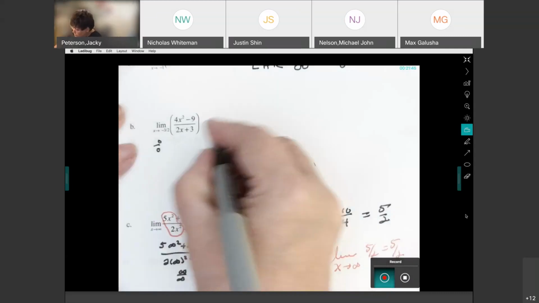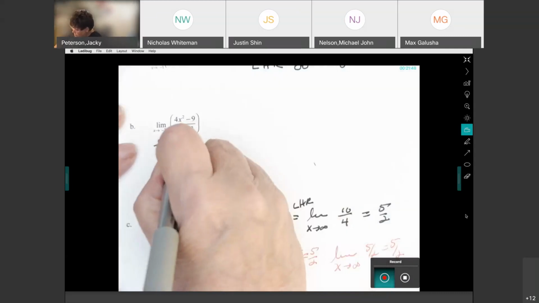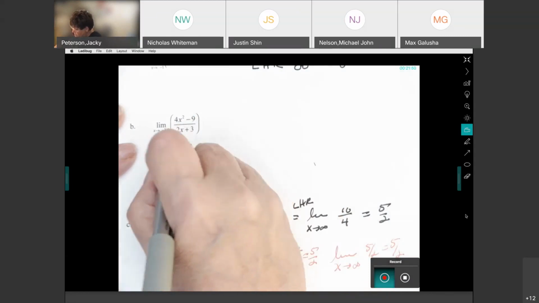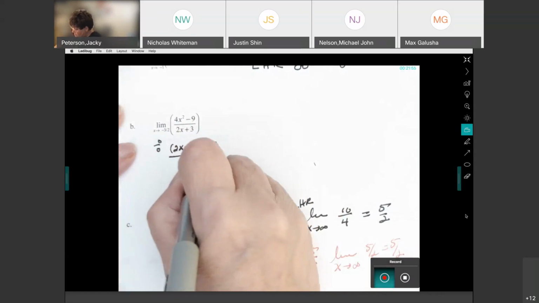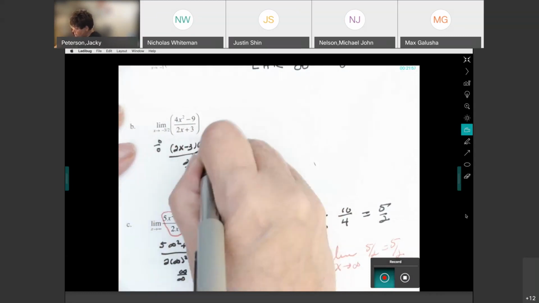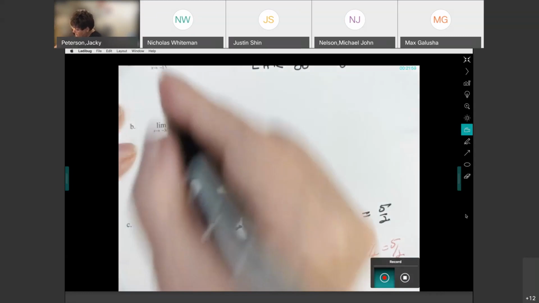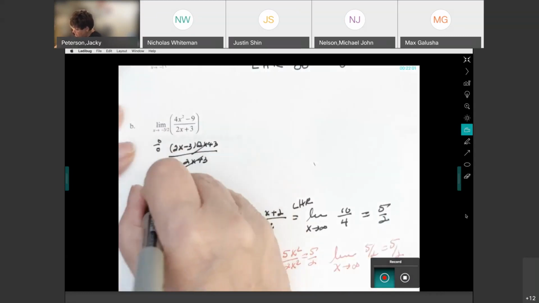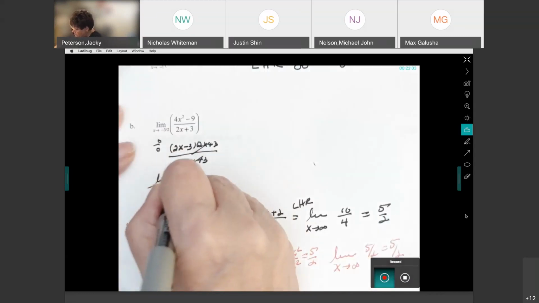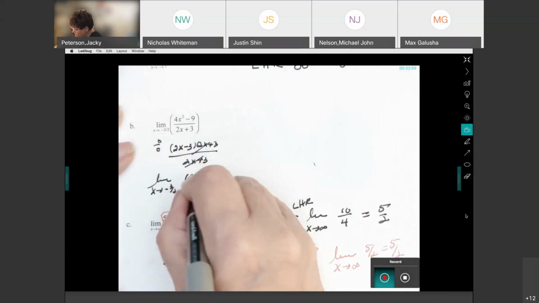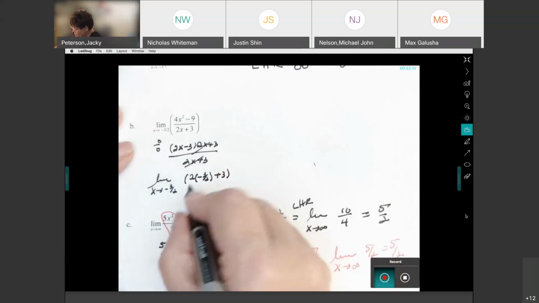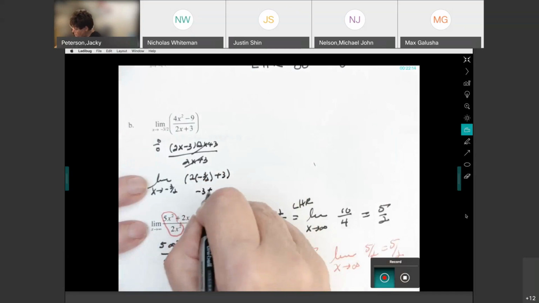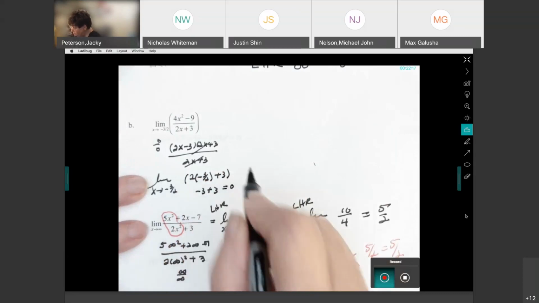If I choose to use algebra, this is 2x minus 3, 2x plus 3 over 2x plus 3. The 2x plus 3's divide out. So that then becomes the limit as x goes to negative 3 halves of 2 times negative 3 halves plus 3, which is negative 3 plus 3 or 0.